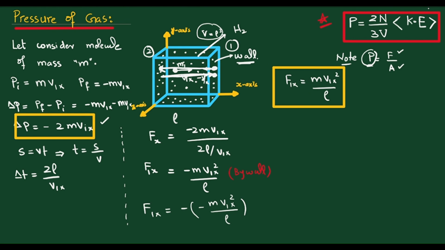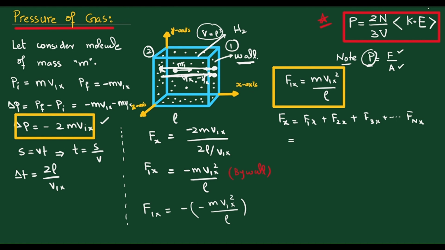As there is not a single particle but a capital N number of molecules, the total force is calculated as Fx equal to F1x plus F2x plus F3x and so on up to Fnx, for n molecules.